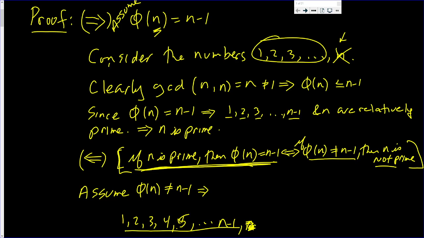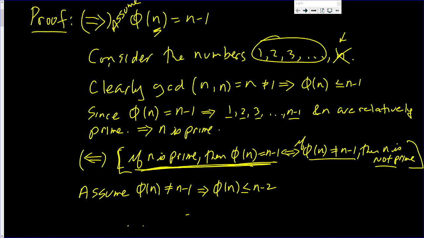That is, phi of n is less than or equal to n minus 1. But if it's not n minus 1, that means phi of n is less than or equal to n minus 2, which is n minus 1 minus 1 or more.